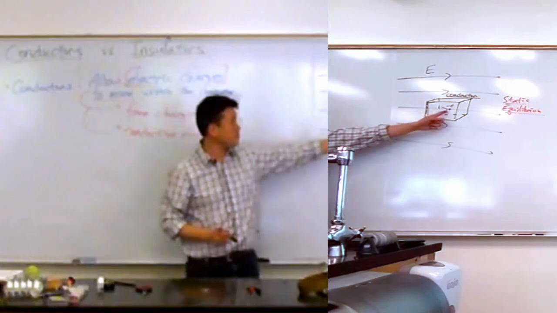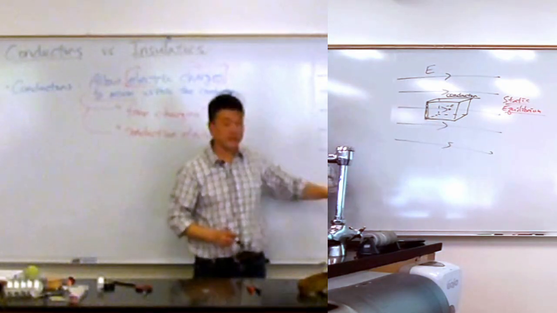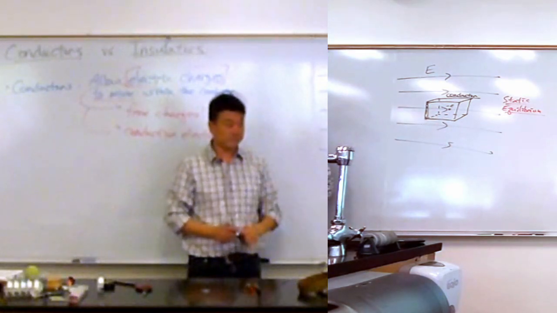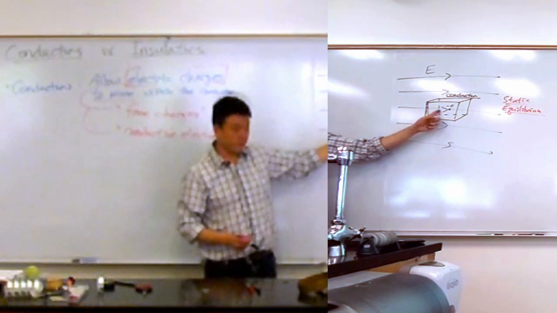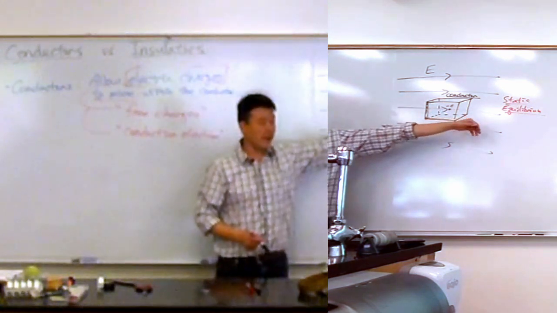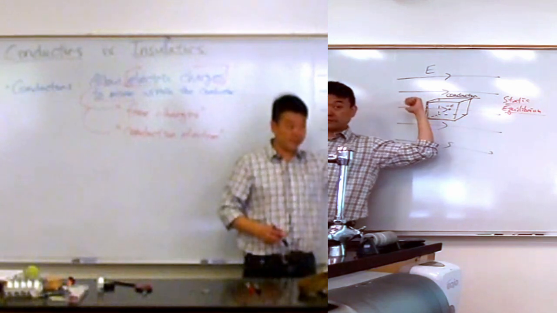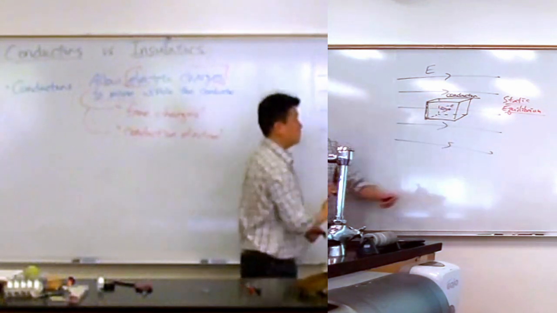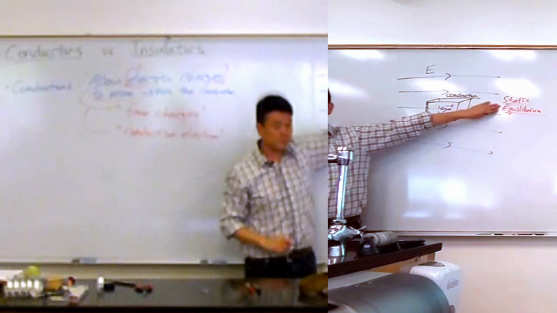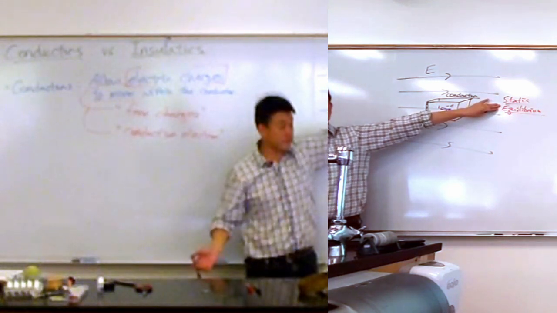What would happen to this charge if the picture looks like this? It wouldn't stay still, right? Because you see the electric field is to the right, so that means the electric force on this negative charge is to the left. So this will move to the left. Oh, that's not static equilibrium. So I haven't waited long enough if that's what's happening.